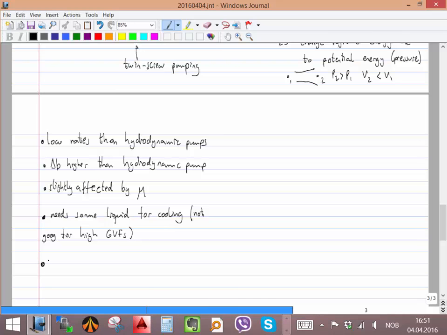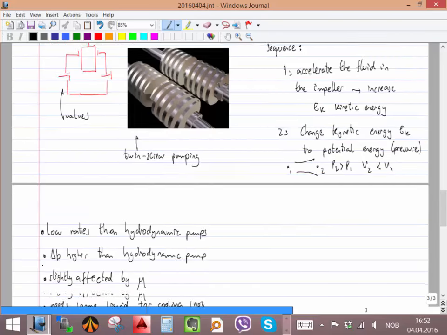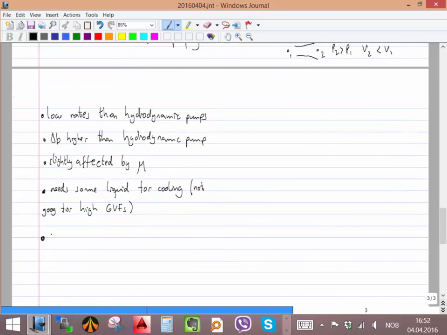And another thing is that it doesn't tolerate solids well. Remember, if you see these screws, they are tied together and they close and open by the interaction between these two. If there is a grain in between, and it's big enough, then it will just get stuck, or it will cause erosion. So it doesn't tolerate solids. That means it's not very good with sand.